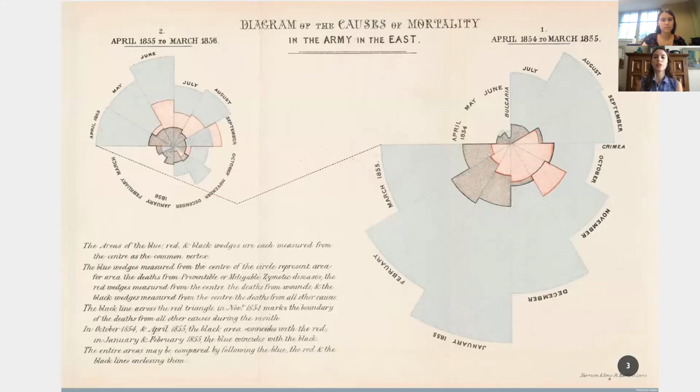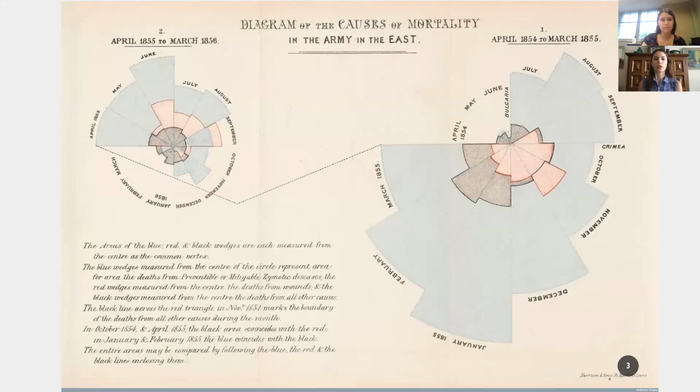And she was appalled at many of the horrible conditions of hospitals during her lifetime, and specifically during the Crimean War. She created this variant of the pie chart to illustrate and highlight the fact that poor sanitation rather than battle was actually the reason why soldiers were dying during the Crimean War.